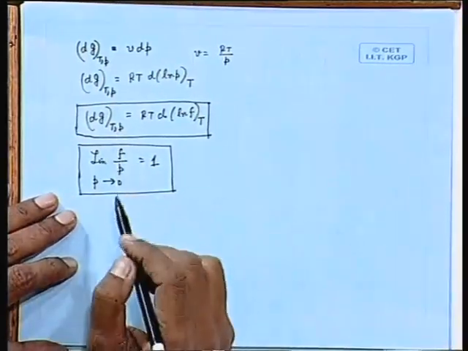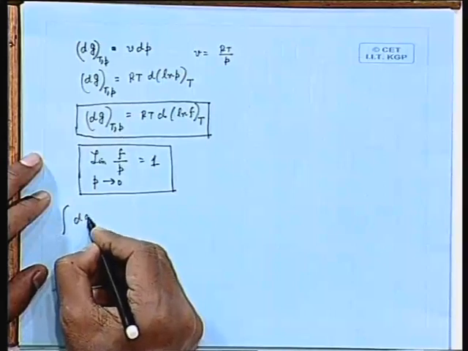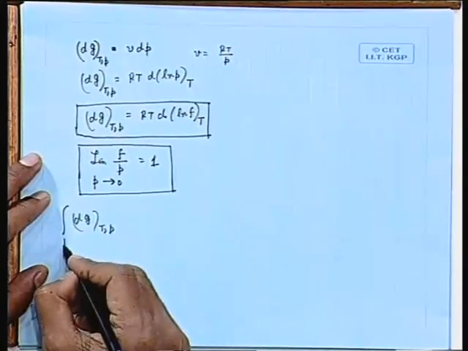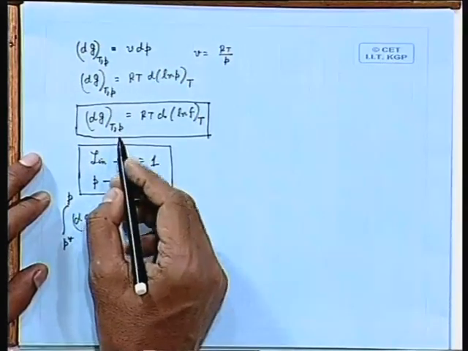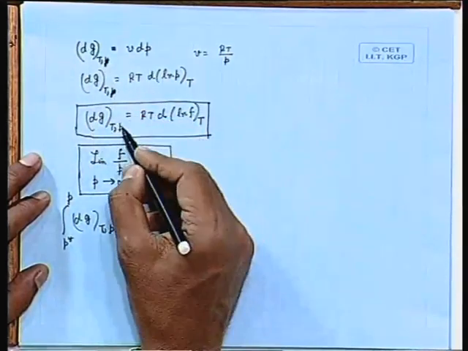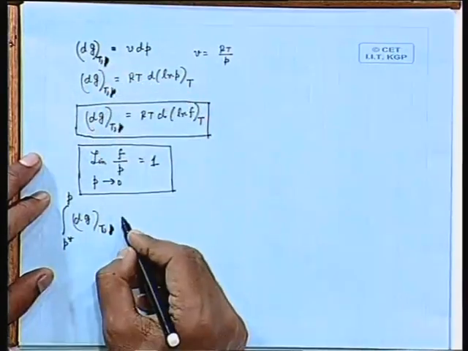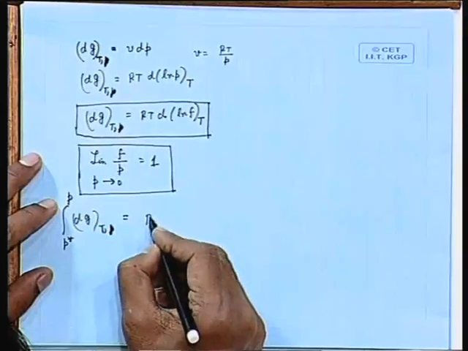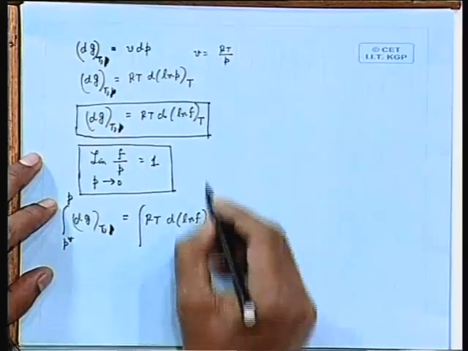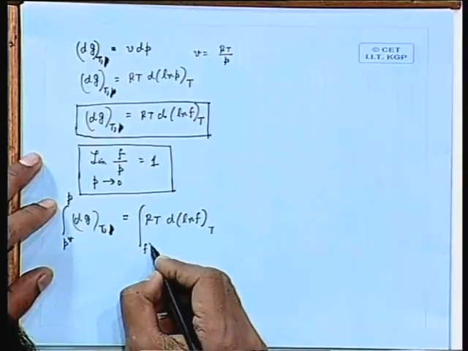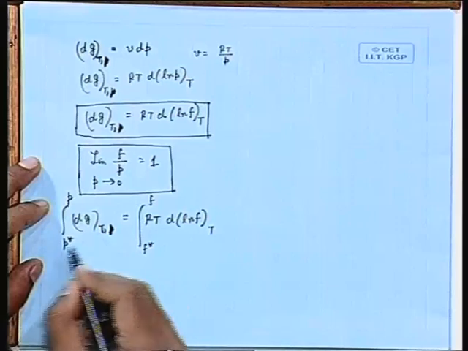Now, we proceed further. If we integrate this equation between two points, one at a reference state P star and the other at any pressure P, at constant temperature, I am sorry, at constant temperature only, then we get RT d ln f from f star to f. f star represents the fugacity at the reference state at T and P star.